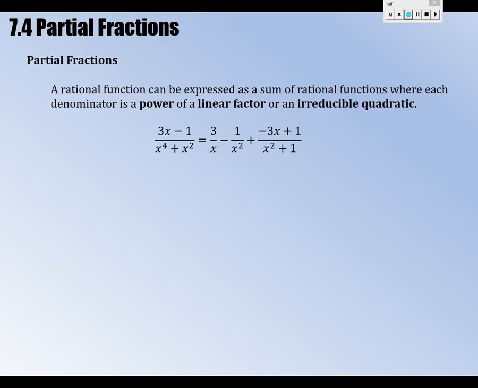I picked the easiest irreducible quadratic I could think of for this example, x squared plus 1. But keep in mind that if you have a denominator of x minus 3 to the 4th or something like that, then what we're saying is that's a linear factor raised to that power. Does that make sense? That's what we mean by a linear factor.